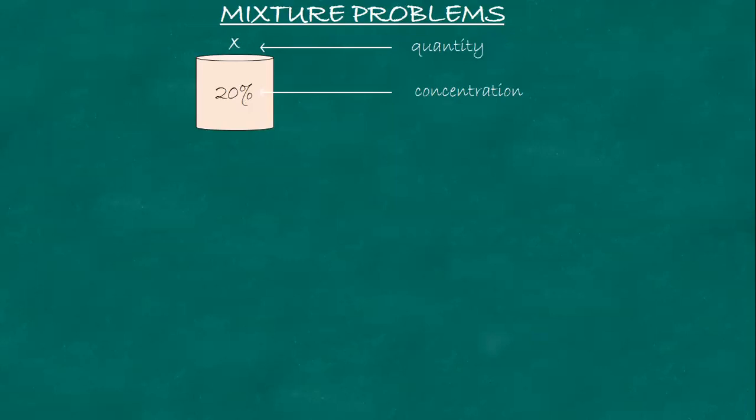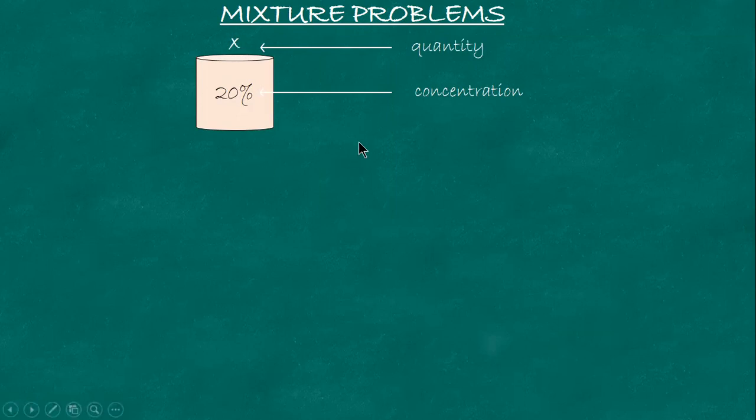So what you consider in a mixture is the quantity and the content. For example, 1 liter of solution that is 20% alcohol means the alcohol content is 20% of 1 liter. That's 200 ml.